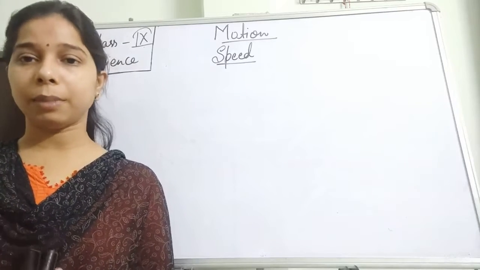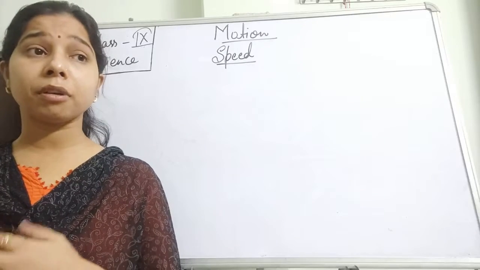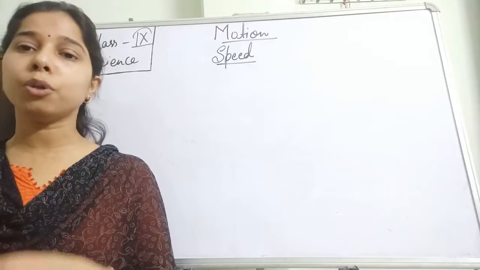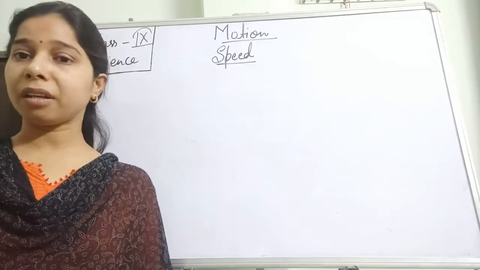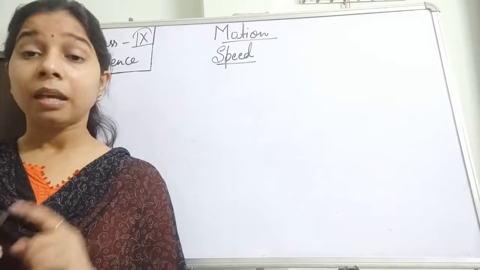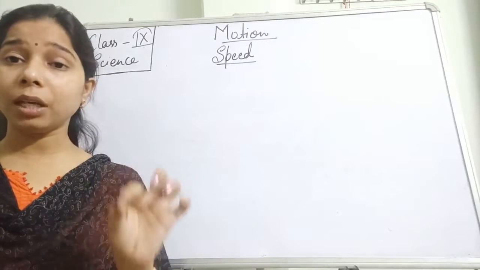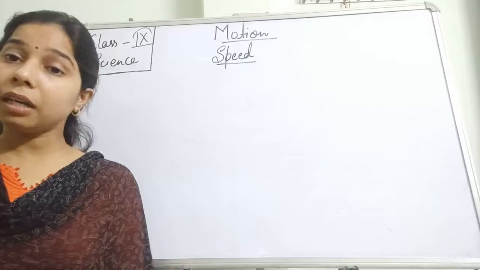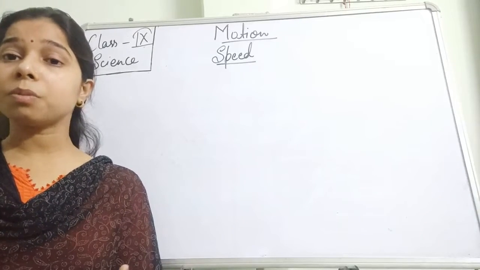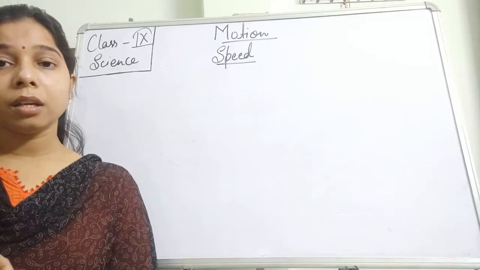Whenever we describe that a car or any vehicle is moving very fast, or an athlete is running very fast or very slow, or you are walking very slow or very fast, here we are talking about speed. It means the speed of the person is very low, the speed of the car is very fast, the speed of the train is very fast, the speed of the train is very slow. So this is what we are talking about: speed.